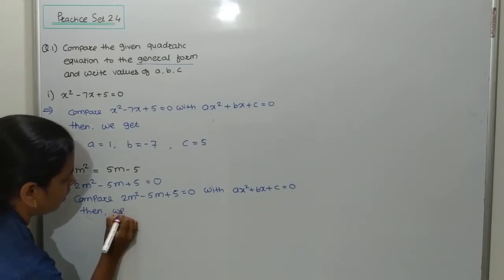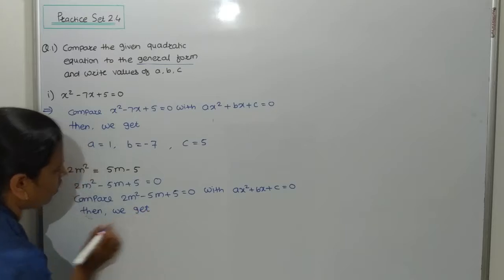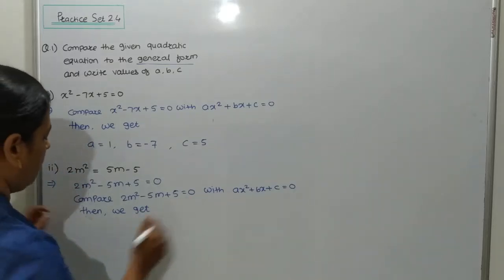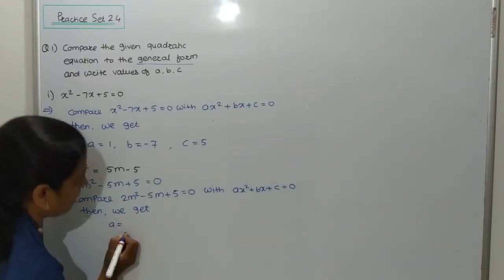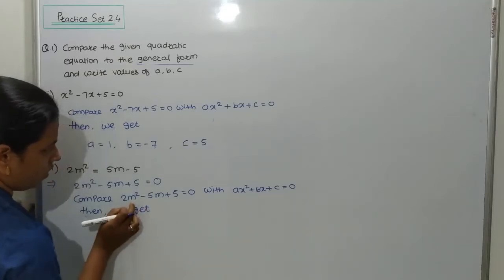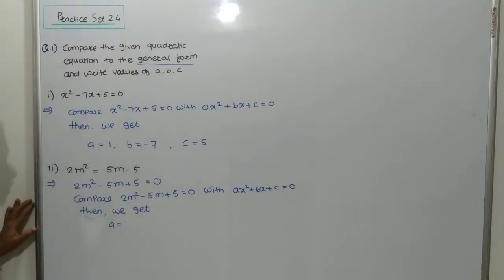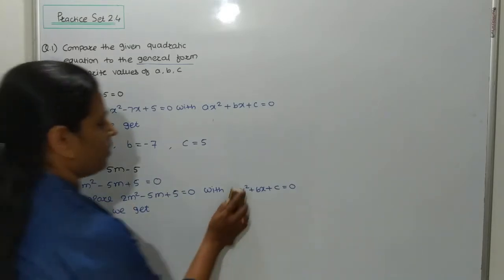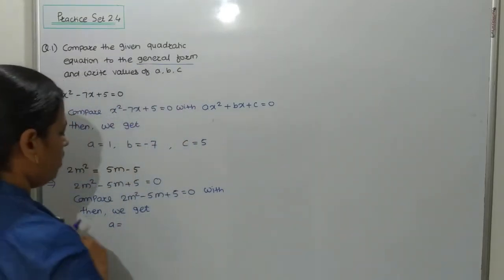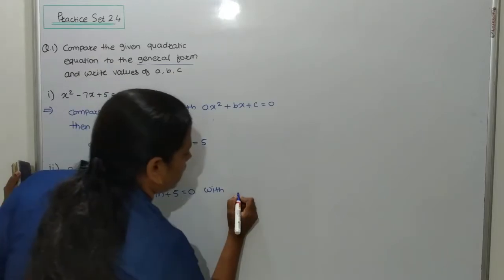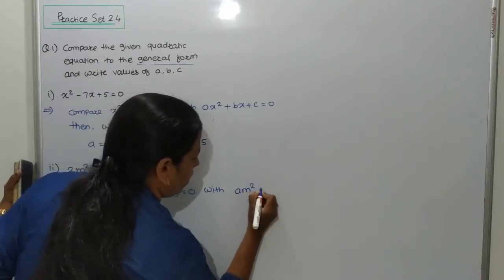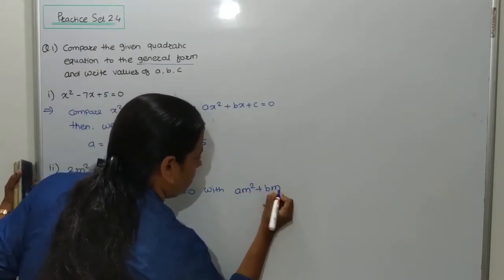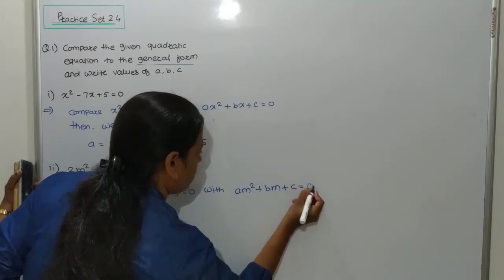What is the value of a? Coefficient of x square. Okay. Now in this given equation, what is the variable term? That is m. So we have to write down this in m variable form. That is am square plus bm plus c is equal to 0.